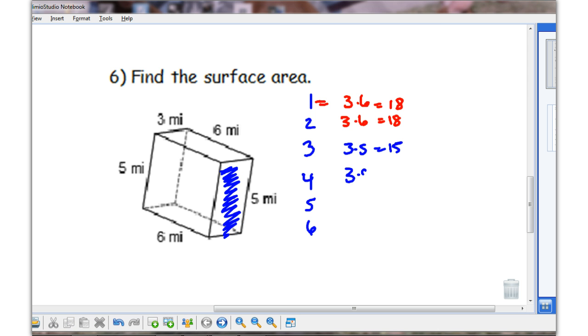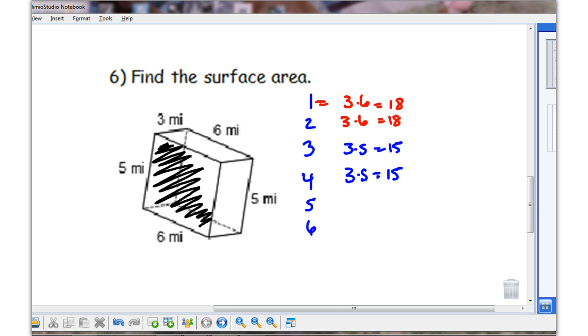So another 3 by 5 is 15. And then we have to look at the other ones we haven't done yet, the front and the back. So the larger, almost a square, but still a rectangle. That's 5 by 6. And in the back, again, it's going to be 5 by 6. So we have 30 and 30.